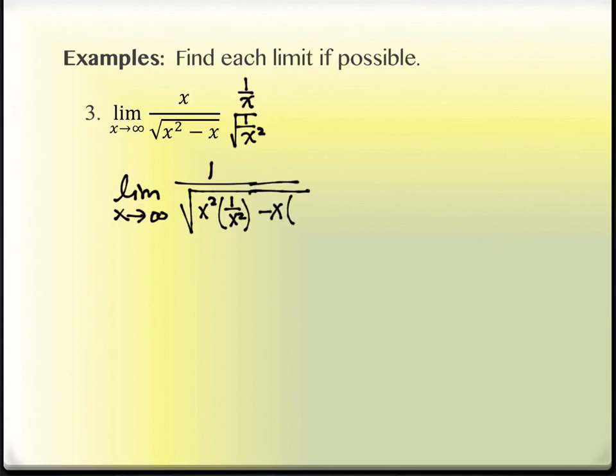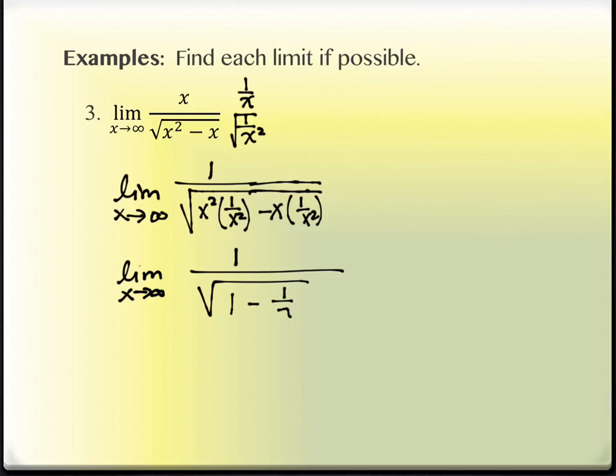And then I have an x times the 1 over x squared. I had to write it underneath a radical in order to move it under the radical that was already there. Now then, I can simplify. I have a 1 on top. I have the x squared times 1 over x squared. That's a 1. And then I have x times 1 over x squared, which is 1 over x.